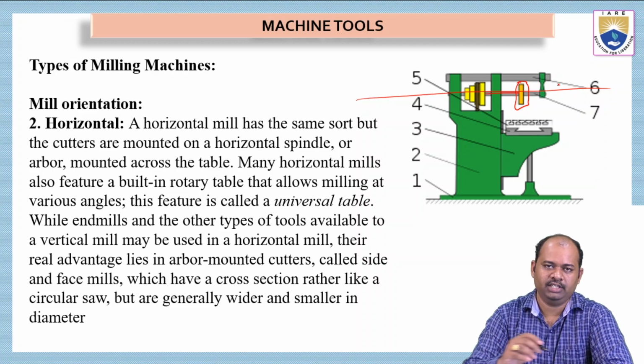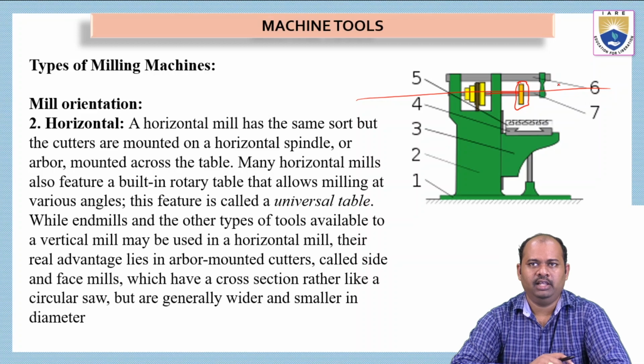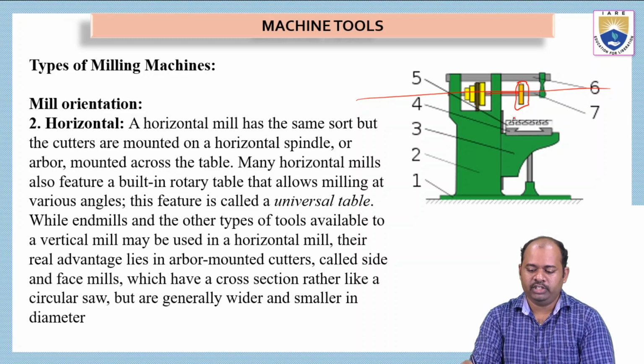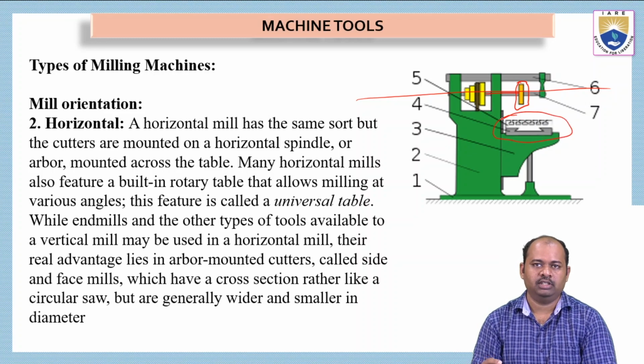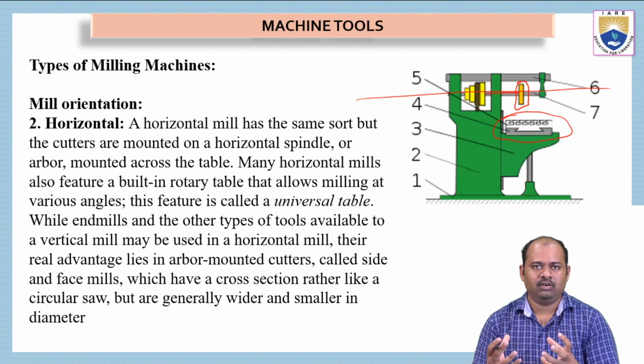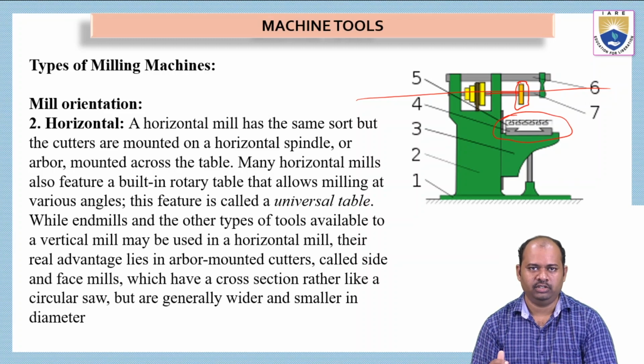So the axis of rotation is horizontal. And many horizontal mills also feature a built-in rotary table that allows milling at various angles. So the table on which we can fix the workpiece has the capability of rotating in multiple directions.